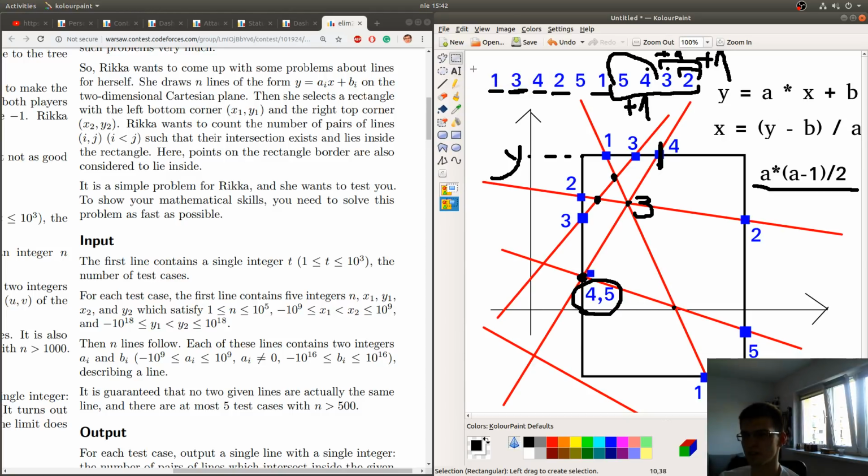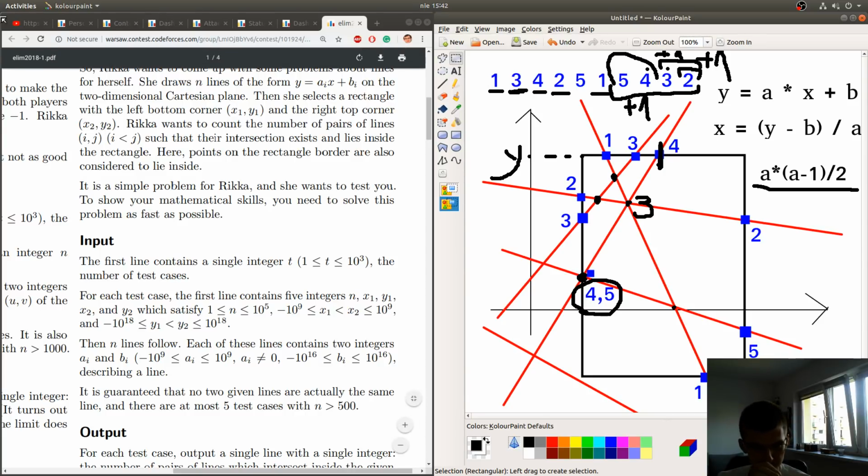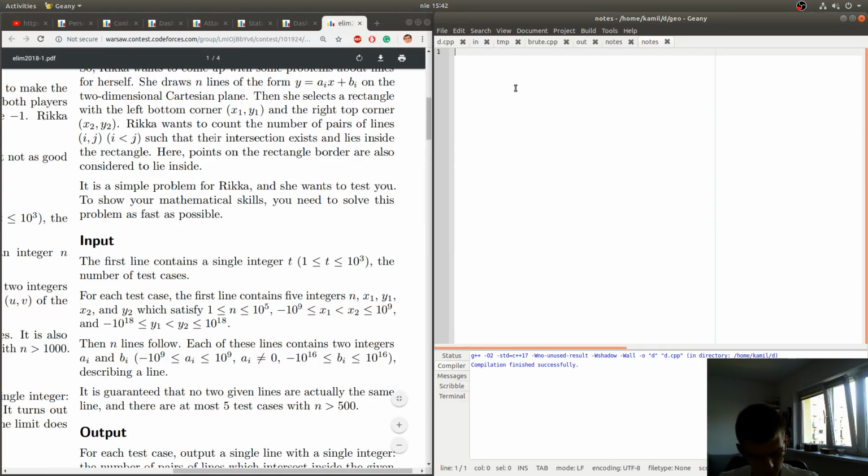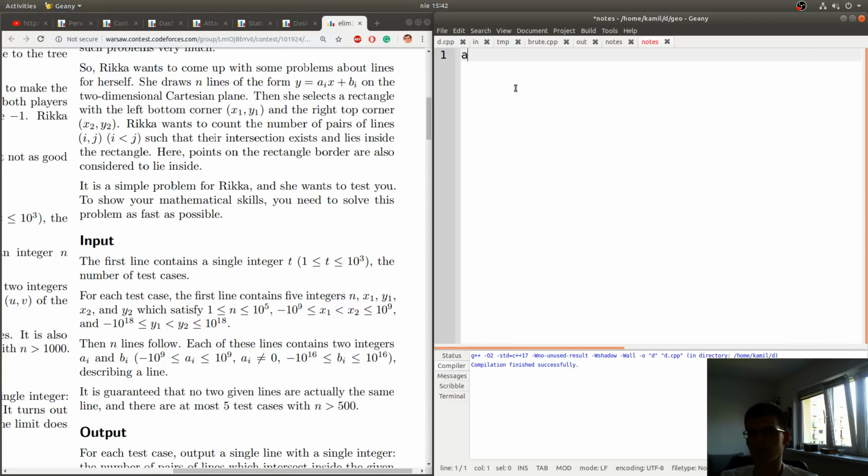And then when you have two fractions, let's say a divided by b and c divided by d, to compare them, for example in sort, when we want to know if a divided by b is more than c divided by d, to avoid division we can compare by moving d to the left side and b to the right side. We can compare a times d, whether it's more than b times c.